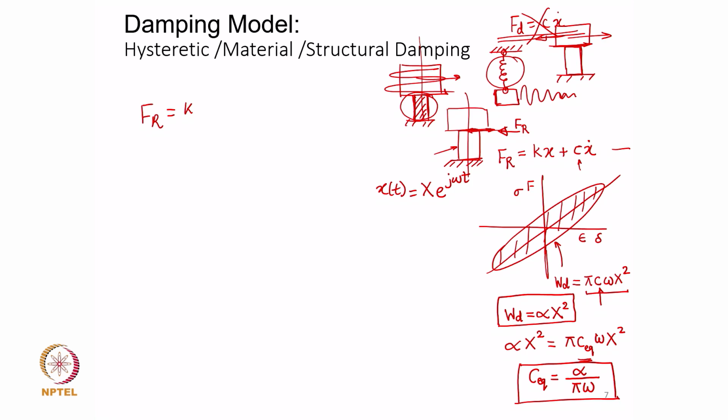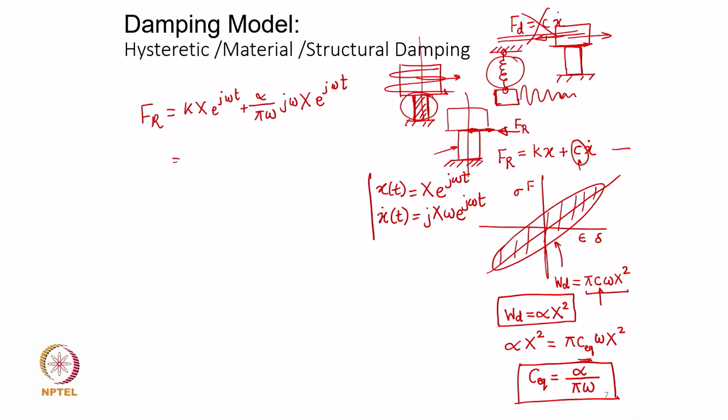This expression is the assumed harmonic motion of the mass as it is perturbed, and I can write x dot from this as j omega X e to the power j omega t, right. Now, with those two expressions I can write F r to be k X e to the power j omega t plus this C, which is now replaced with an equivalent viscous damping coefficient. So, it is going to be alpha over pi omega, and then x dot will be j omega capital X e to the power j omega t.